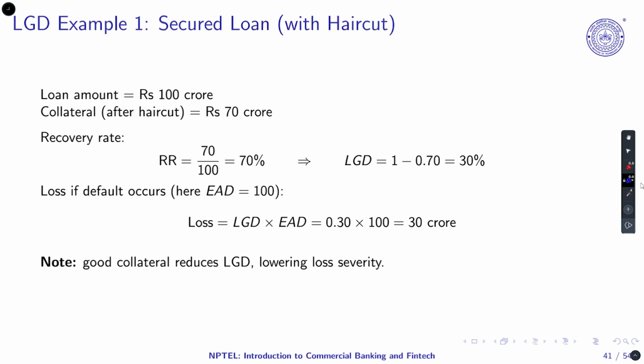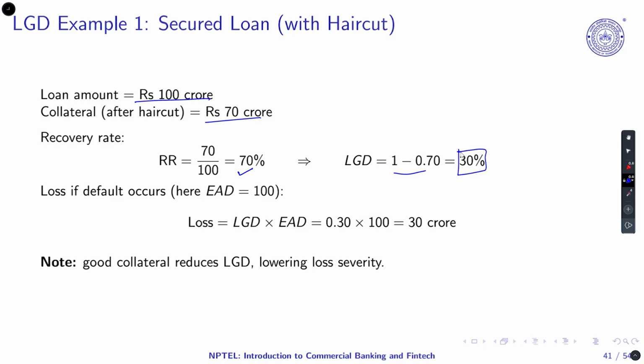I have given some examples here. For example, if the loan amount is rupees 100 crore and collateral after haircut is 70 crore, what is the recovery rate? The recovery rate is 70%, and loss given default is 1 minus 0.7, so 30%. That is the loss the bank incurred.